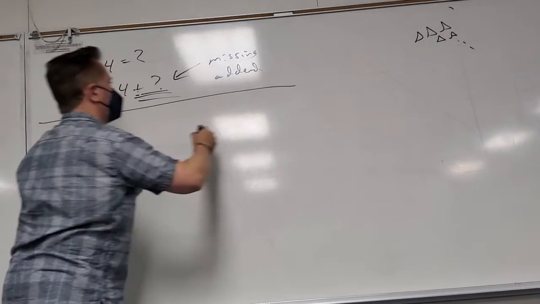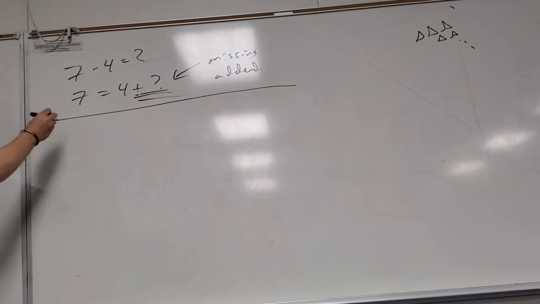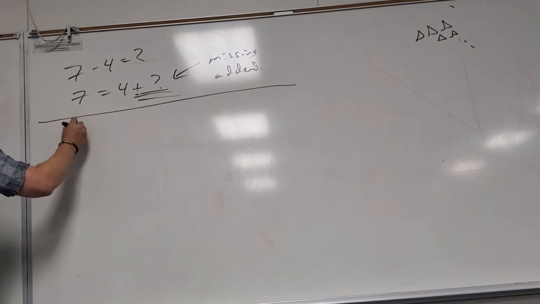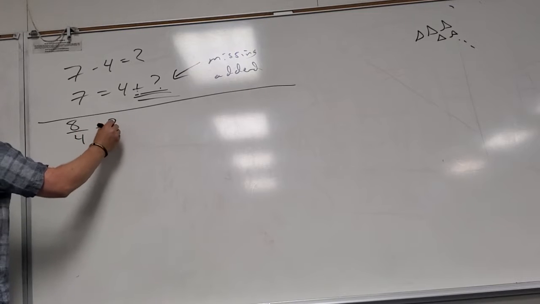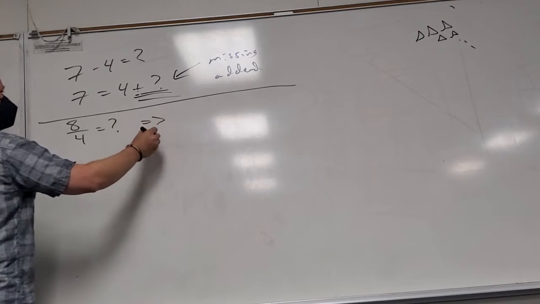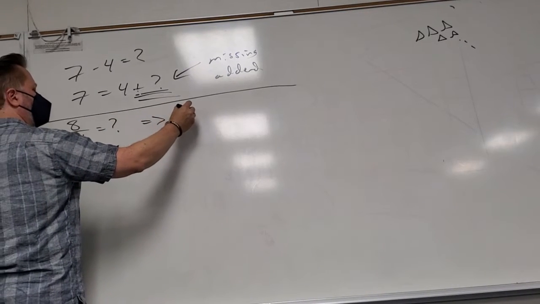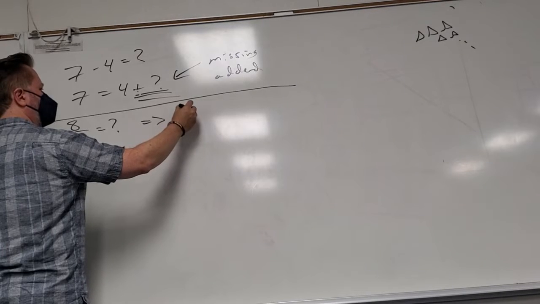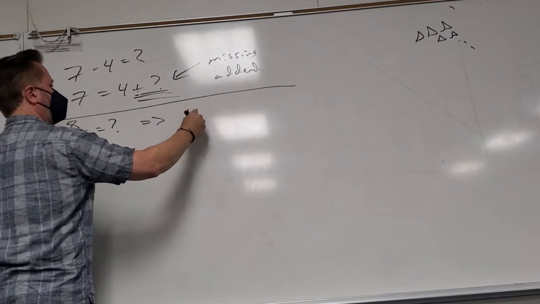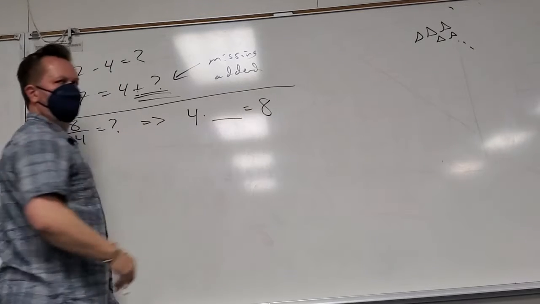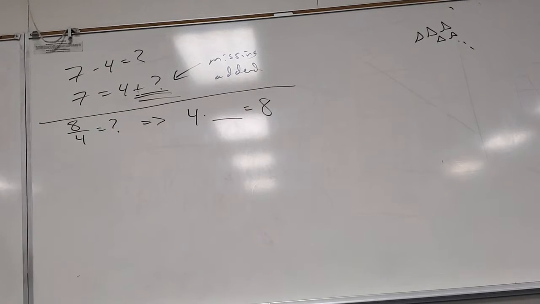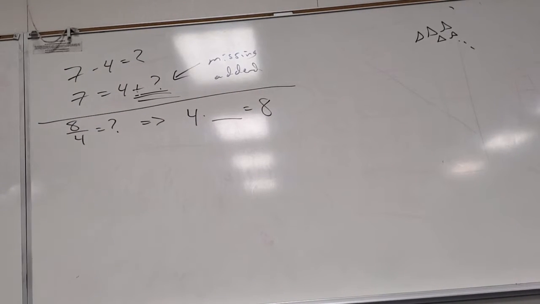Now, with division, if I said 8 divided by 4 is what, I can rewrite that as 4 times what equals 8. And at this point, they've done some work with multiplication. They understand the properties, they built a table, they might have memorized their table by now.